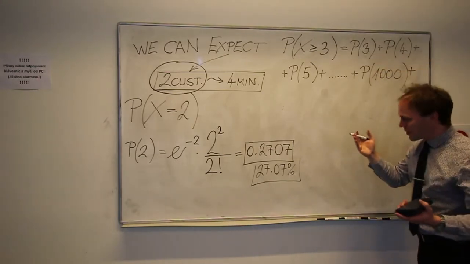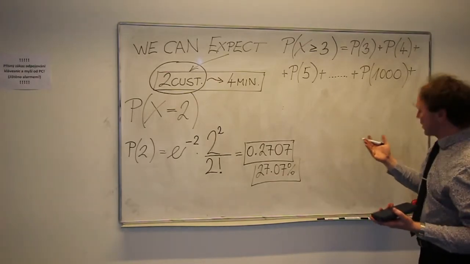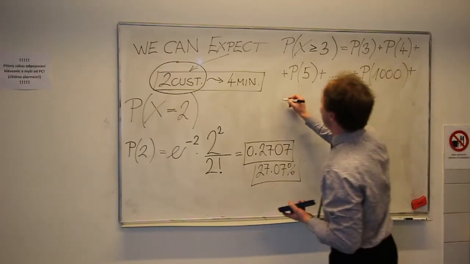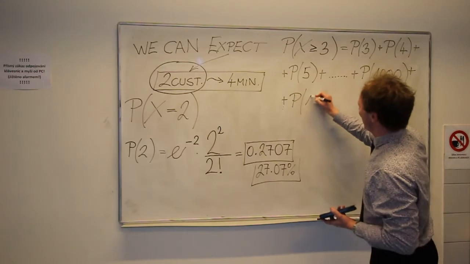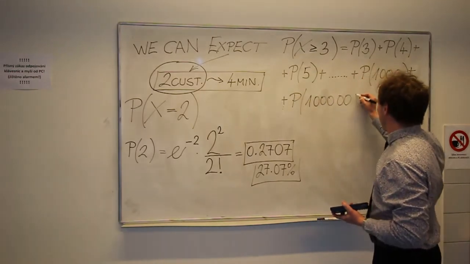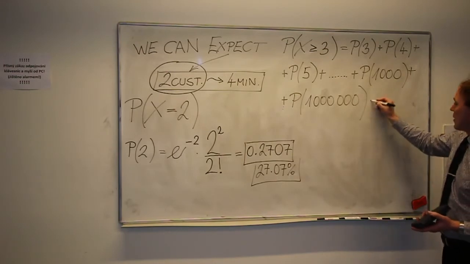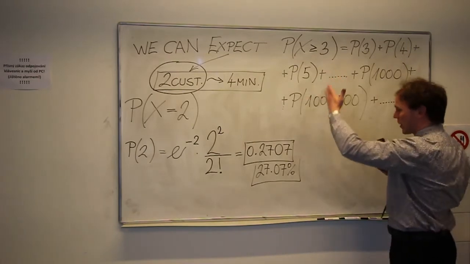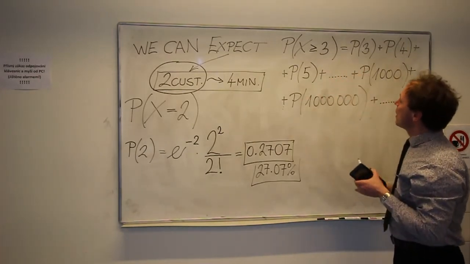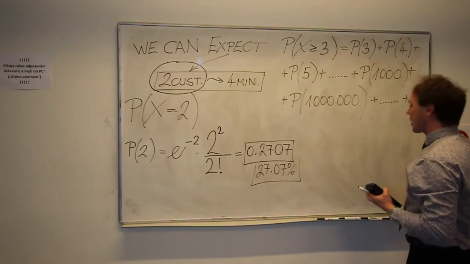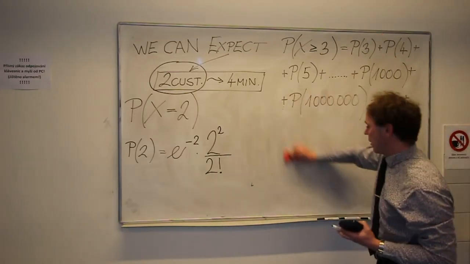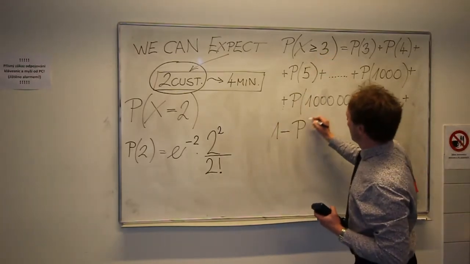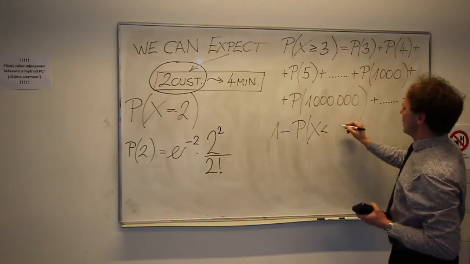I don't know the size of your store, the square meters, I don't know the capacity, but you will be happy if you invite 1 million customers within 4 minutes, etc., etc. So we don't know where the end is, we don't know the capacity, we don't know the maximum, so it will be better for us to calculate this as 1 minus the probability that random variable x will be smaller than 3.